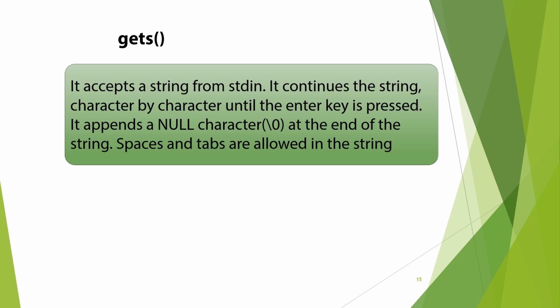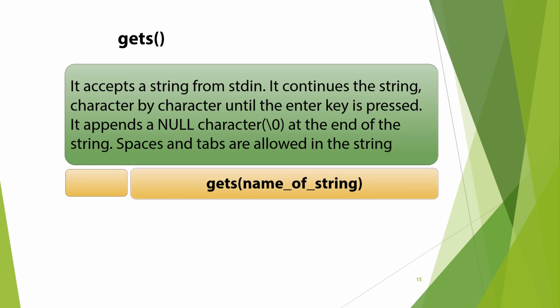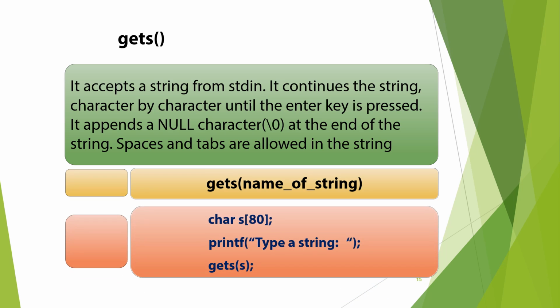Now we will see the syntax of the gets function: gets(name of the string). Some string will be declared, and the string entered through the standard input device will be stored in that particular string by using the gets function. For example, here we are declaring one string of type character and that string can store a maximum of 80 characters. Now by using the printf function, we are displaying on the screen "Type a string".